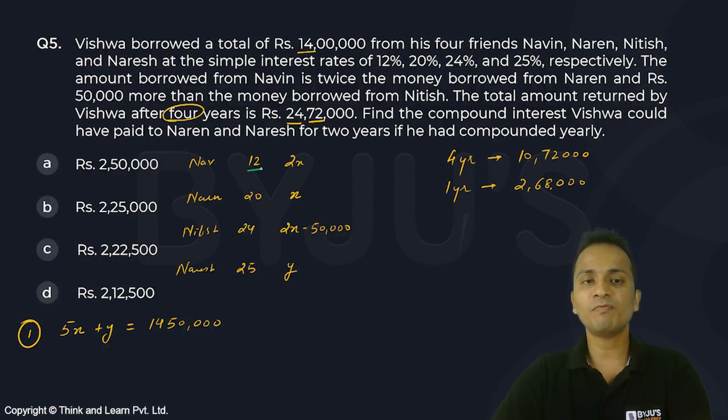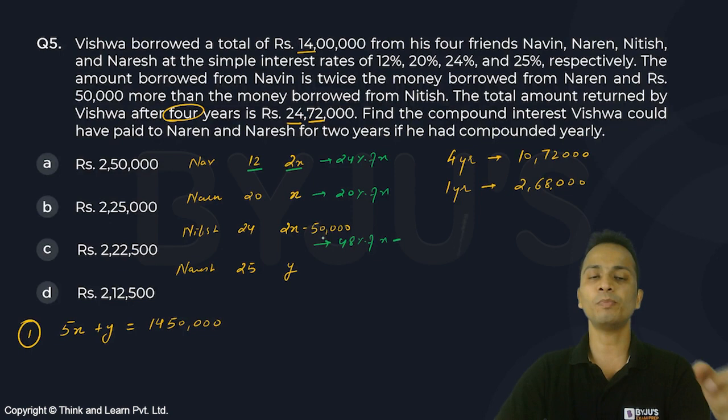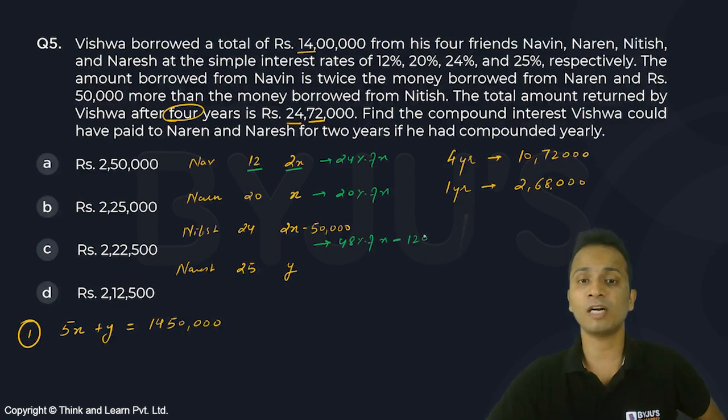Now 12% interest on 2X, I can consider it as 24% of X. So the interest will be 24% of X here, 20% of X here, and in the third case it will be 48% of X minus 24% of 50,000, that is 12,000.